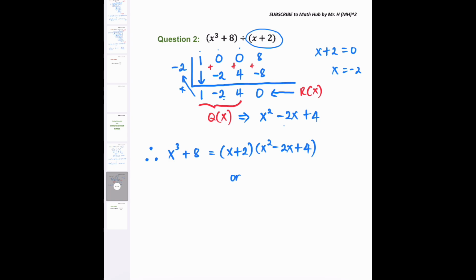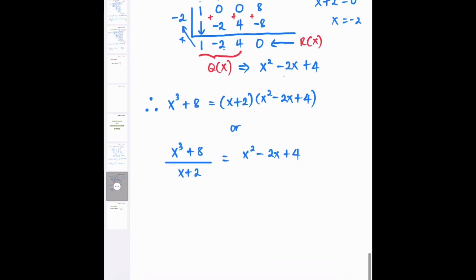The other way around will be x cubed plus 8 divided by the divisor, which is x plus 2, will be equal to the q of x, which is x squared minus 2x plus 4.